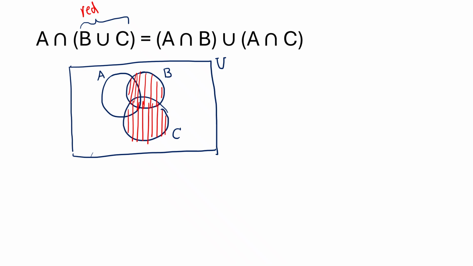And then take the intersection of that with A. Let's use blue for A. So this is A, the entire circle representing A. Now we are taking the intersection of the blue area and the red area.